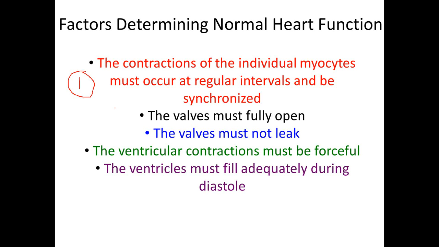because you don't pump suitable amounts of blood from that type of unsynchronized contraction. Two, the valves must be fully open, because if the valves aren't open, you can't actually get the blood through. So blood doesn't move effectively through the heart, and therefore blood doesn't go out of the heart in enough quantity. Three, the valves must not leak. Because the valves prevent blood from backtracking, from going back where it came from, if they leak, what happens is blood doesn't progress.